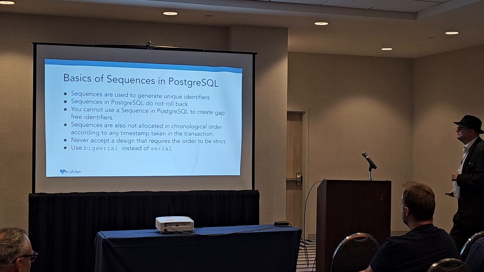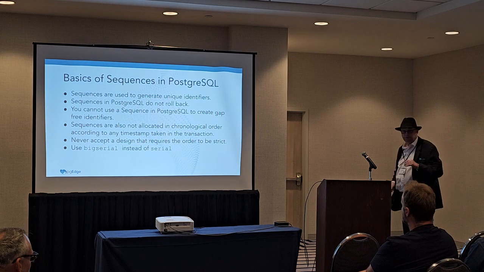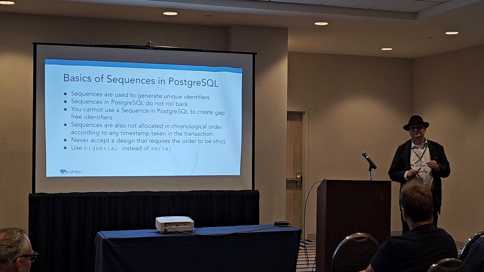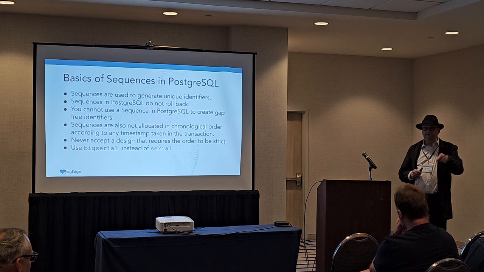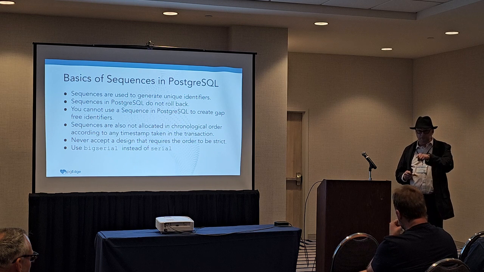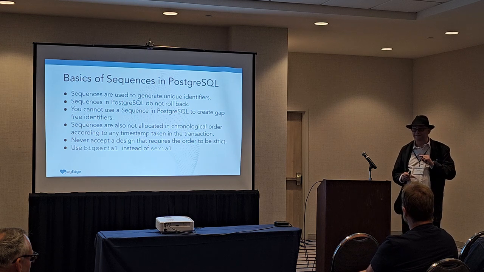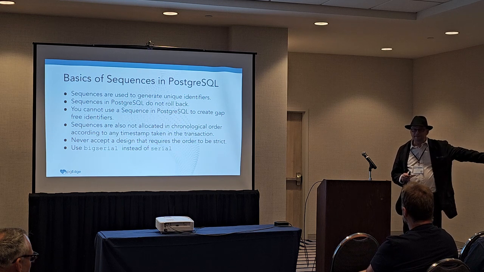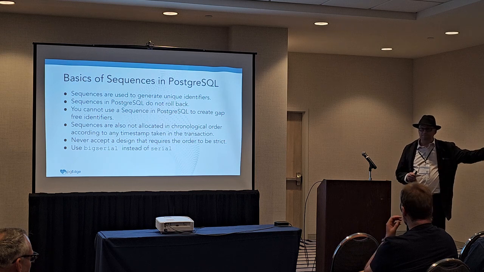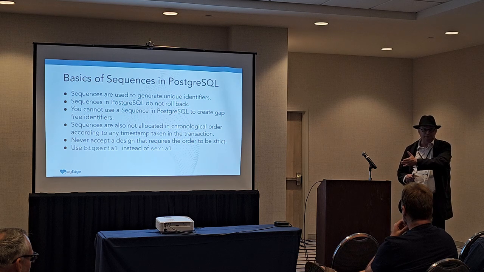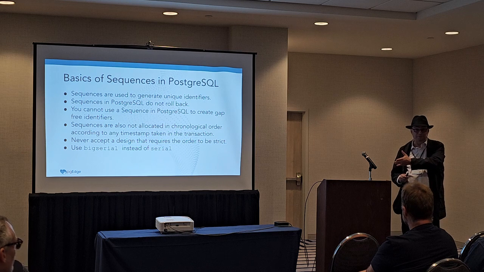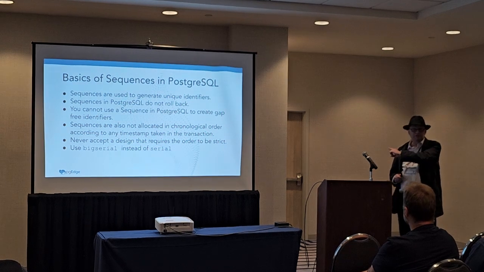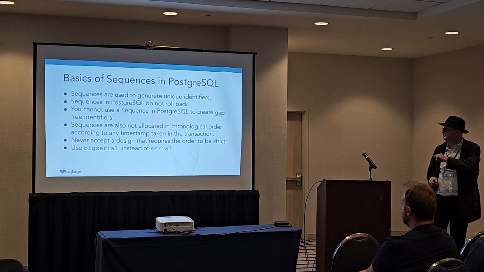So don't do that. And also with the chronological order, there is no such thing. They would have to increase monotonically in commit order, right? But that sequence is allocated long before you commit. You don't even know the commit order at that moment. So reject those requirements immediately.